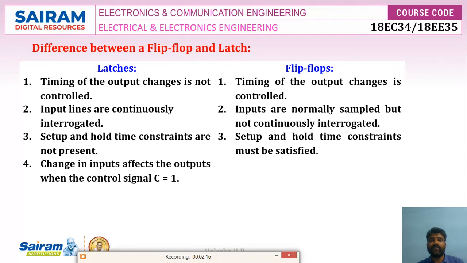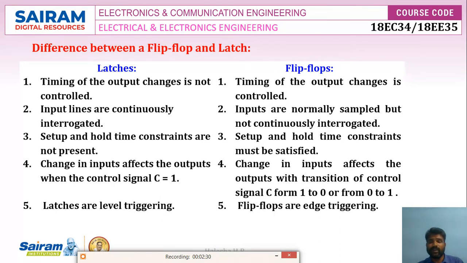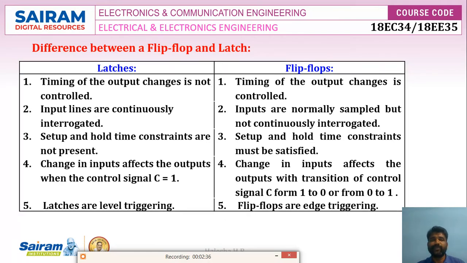Changes in the inputs affect the outputs whenever the control input is 1, but in flip-flops, the output changes whenever a transition occurs, that means either a 1 to 0 transition or a 0 to 1 transition. Hence, latches are called level triggered and flip-flops are called edge triggered. This is the main difference between latches and flip-flops.